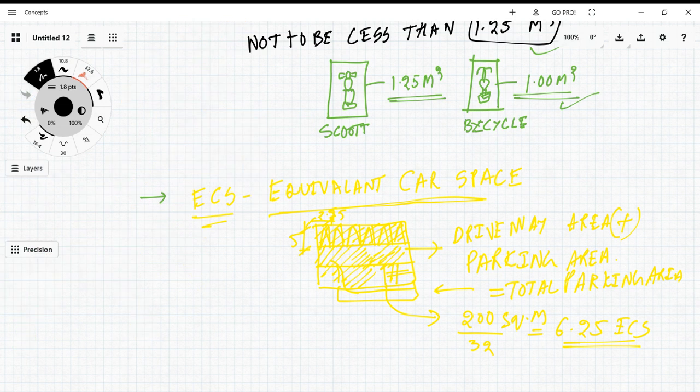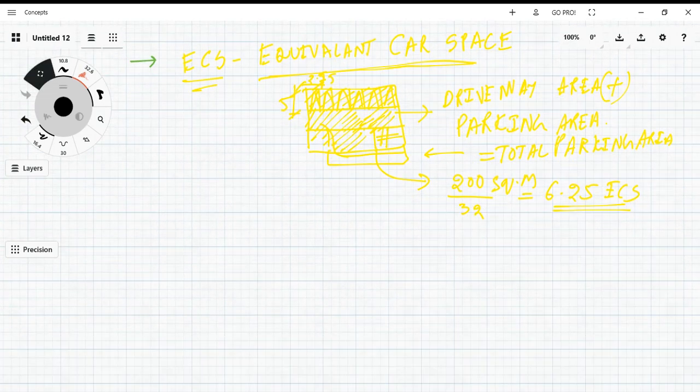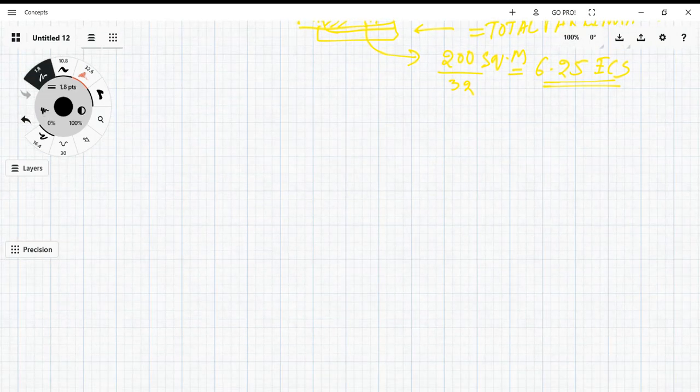This one you remember, guys, this is the most important table I will give you. As per NBC, the area for each equivalent car space. Most important, guys, please note it down, don't miss it.